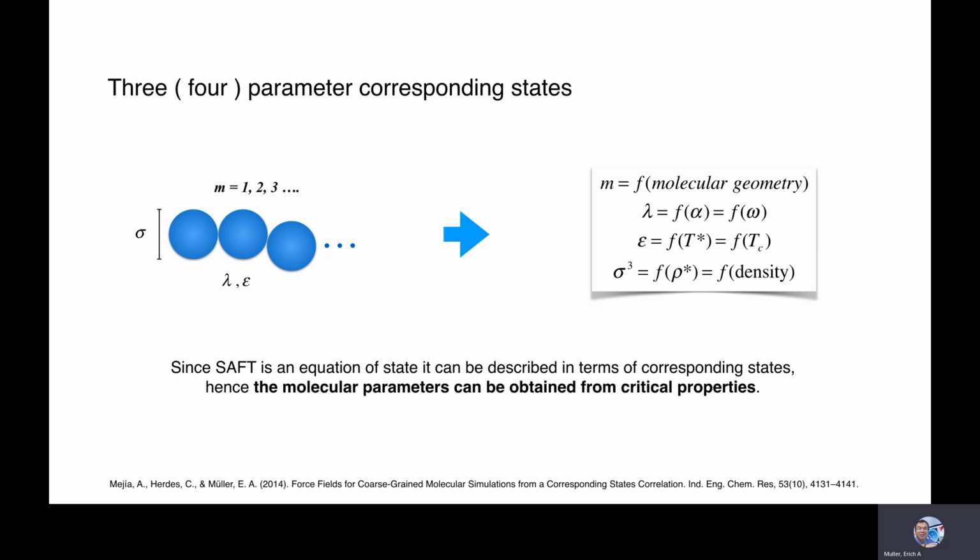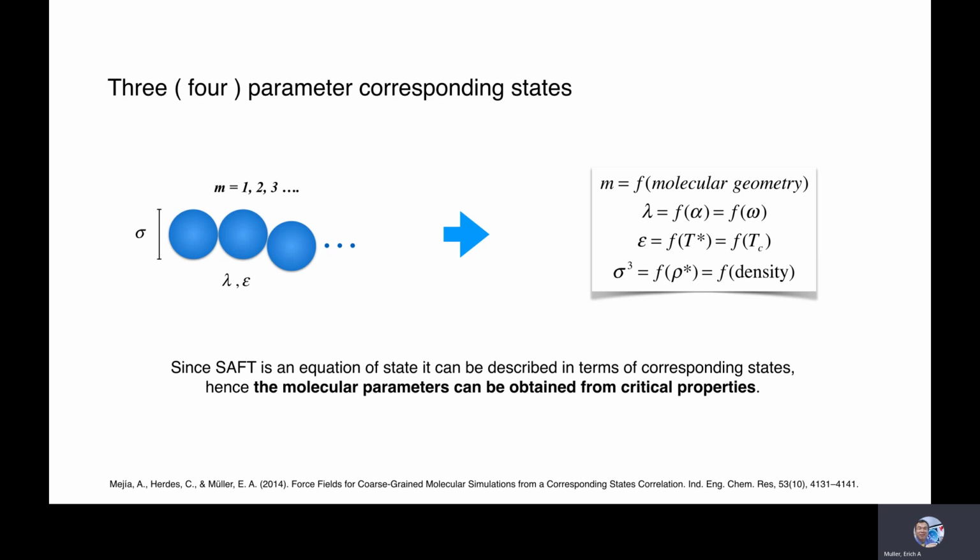So it's natural to try to match these two critical properties. The value of m would basically be given by the molecular geometry of the molecule. Lambda, we have successfully fitted to the acentric factor, which is some sort of measure of the difference between the potentials of the different molecules.